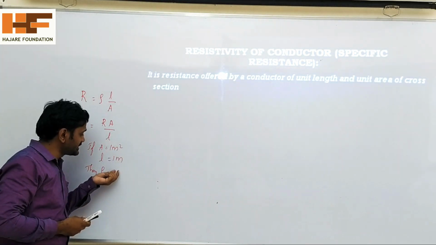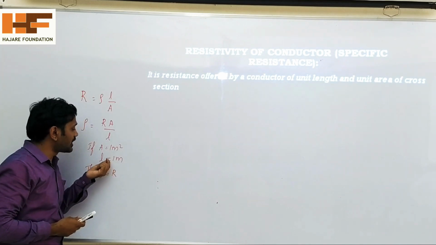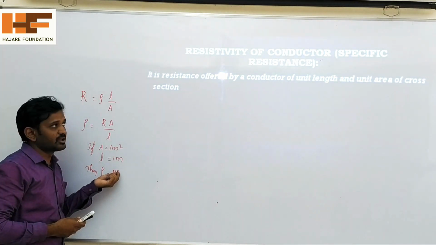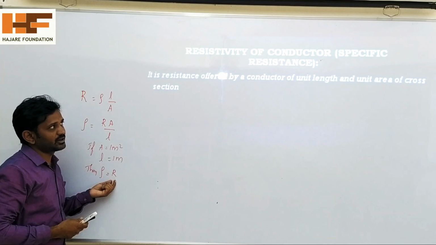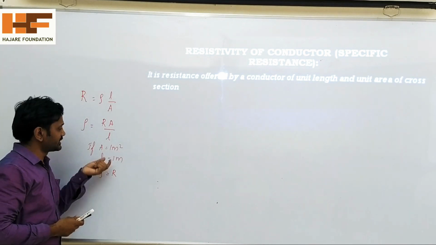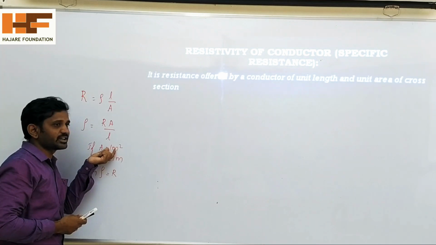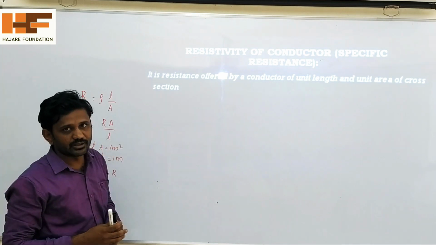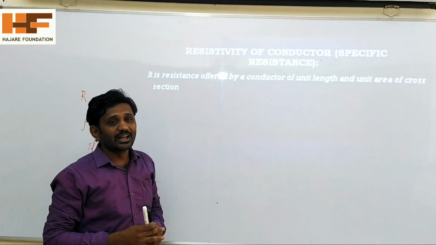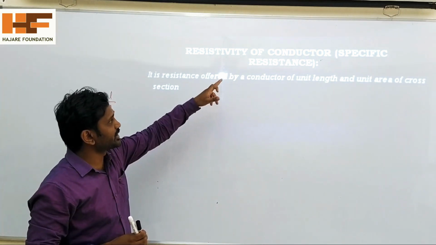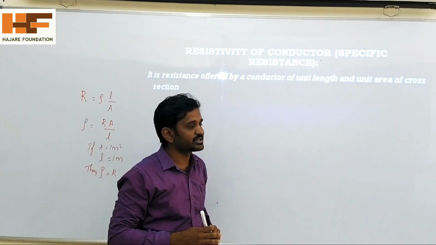The resistivity means the opposition or resistance offered by a conductor of unit length, 1 meter, and unit area of cross section, 1 meter square. That we can call resistivity, or we can also call it specific resistance.